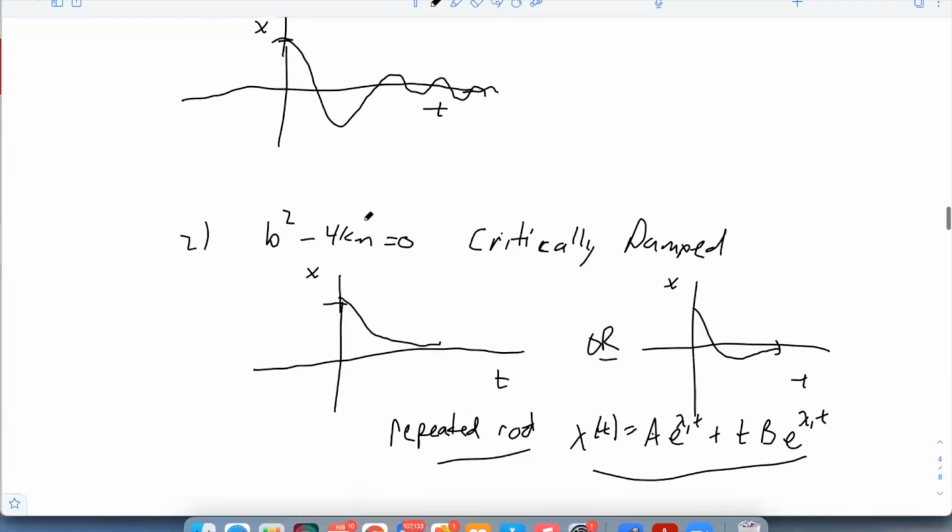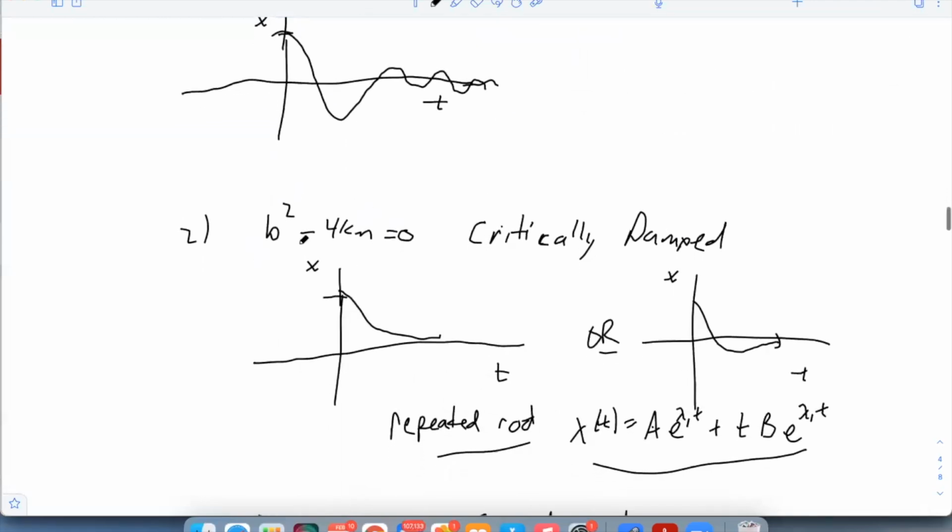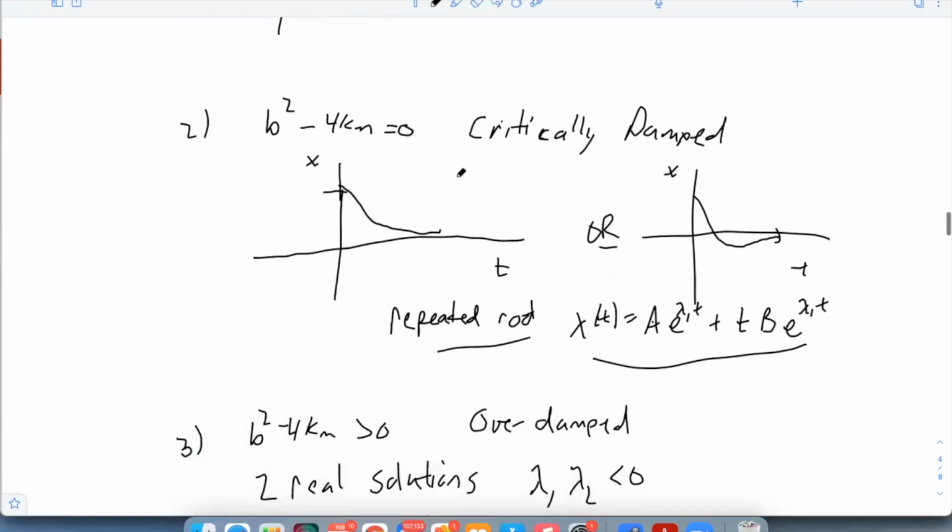Okay, what if that discriminant equals 0? Well, then we get 2 repeated solutions to our characteristic polynomial. So we'll have a repeated root, and we'll get some solution that looks like this. We will get some lambda 1 that pops up twice.